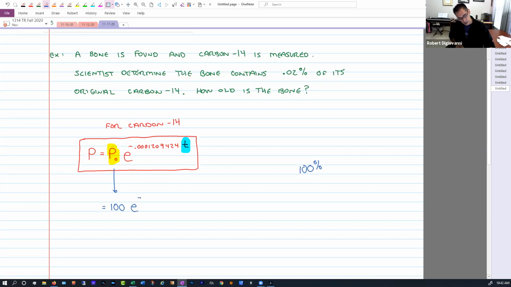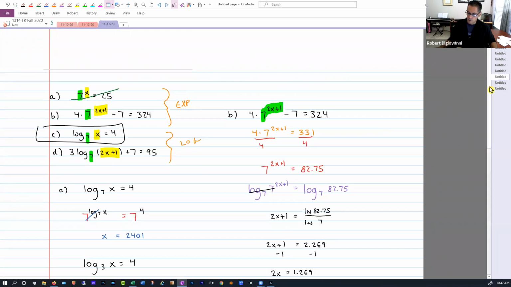E to the negative 0.0001209424 t. Now, P is the amount after a certain amount of time. Does anyone have an idea what that would be? P0 is the carbon that we started with. P should be what?